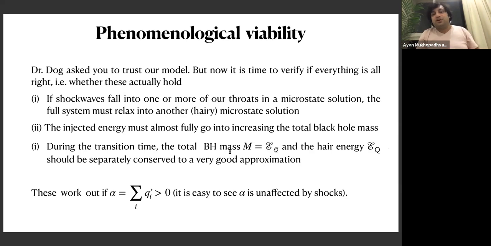But when there is no shock and the system is simply evolving on its own, these two things will be separately conserved to a very good approximation, because that's how a normal black hole behaves. It turns out that if we have this monopole charge, which is positive, then all these three things work out.